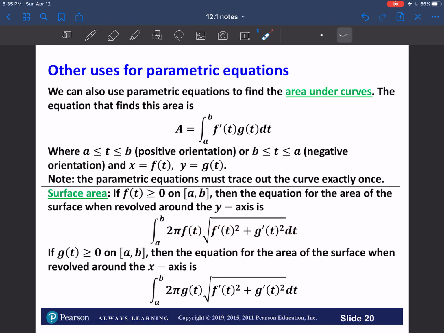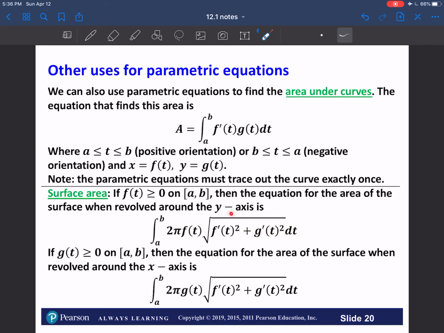This is going to feel very similar to what we did whenever we studied surface area, because previously we just had x, and then we would say 1 plus f prime of x squared, and we would go from here. And you'll notice this is basically the same idea.